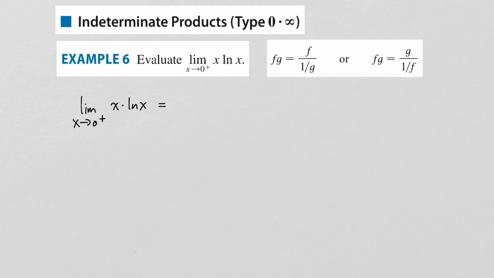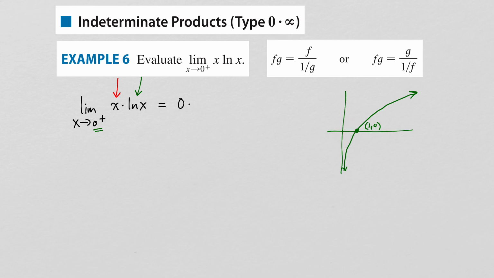So, of course, as x goes to 0, that is going to go to 0. But then the second part, natural log of x. What happens to the natural log of x as x approaches 0? So let's remember that our natural log graph looks like this, and it passes through the point 1, 0. So as x is approaching 0 from the right, x is moving in this direction, getting closer to the origin.